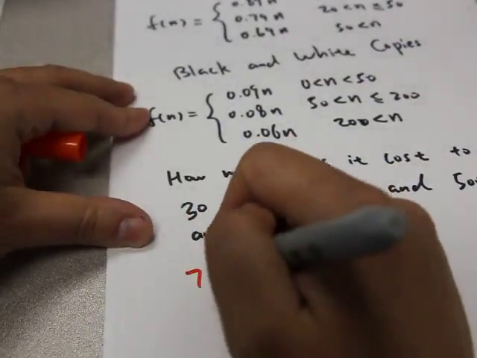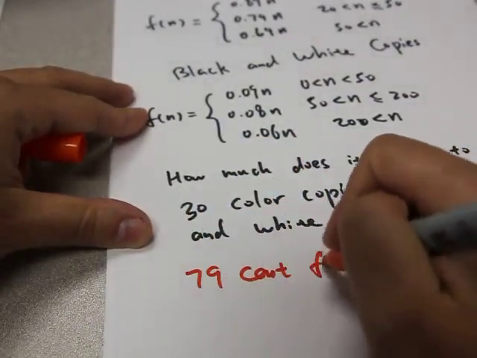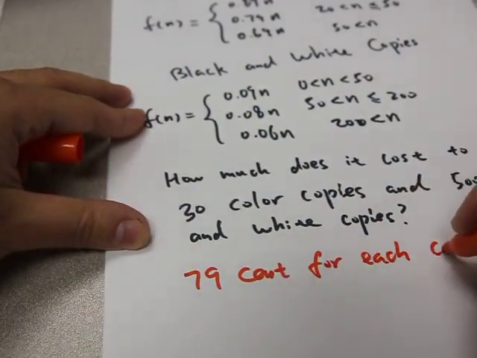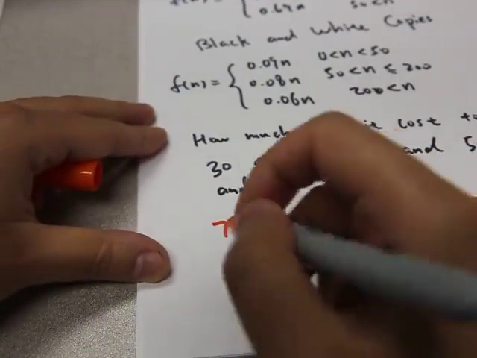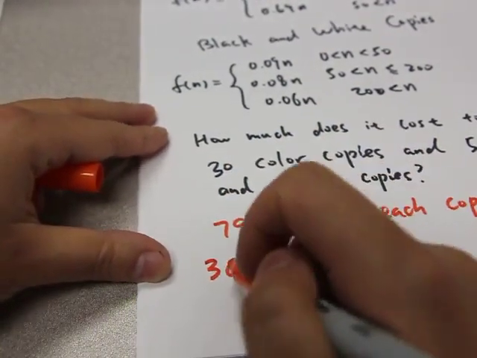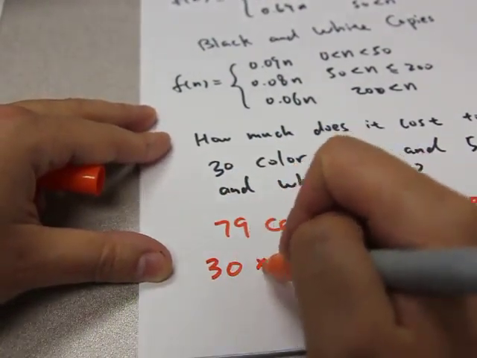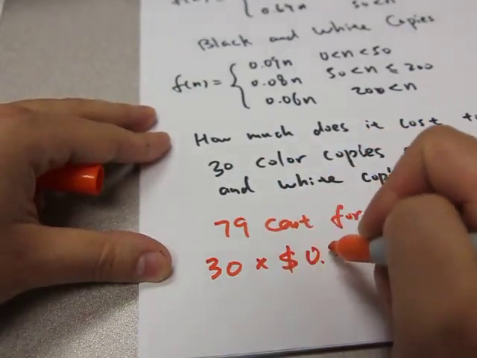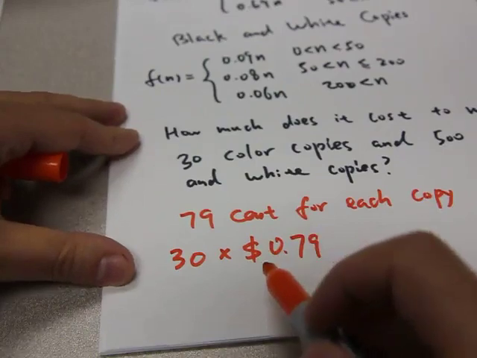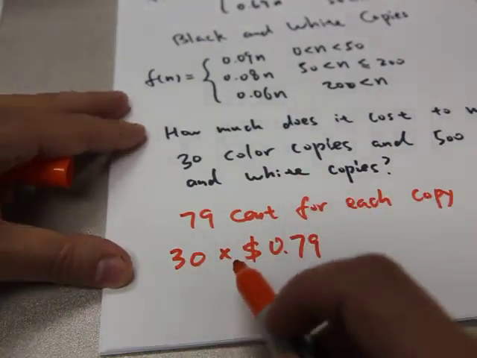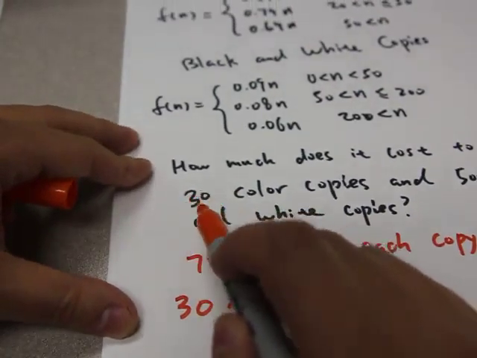So 79 cents for each copy. Therefore, if you're going to make 30 copies, it will charge you 30 times $0.79. Okay, so this is the amount of money you have to pay for these 30 color copies.